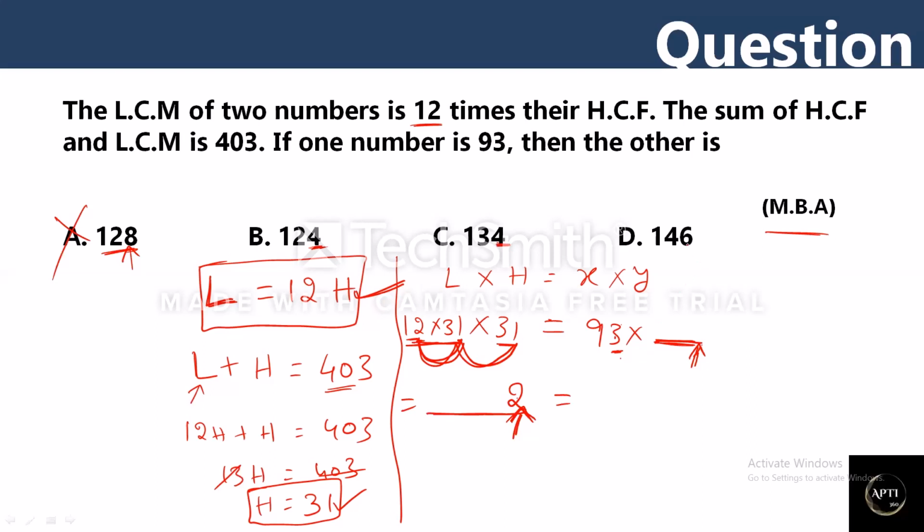Now option D ends with 6. 3 multiplied with 6 is 18, which ends with 8, so this cannot be our answer. So the answer may be either option B or option C. Both numbers end with 2, because we are just multiplying the unit digit. So now two options are getting satisfied.